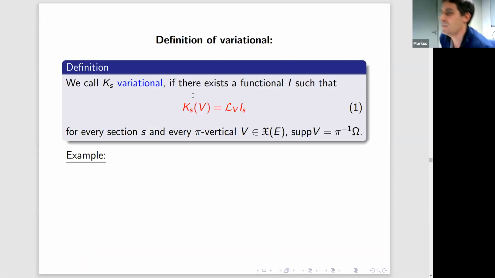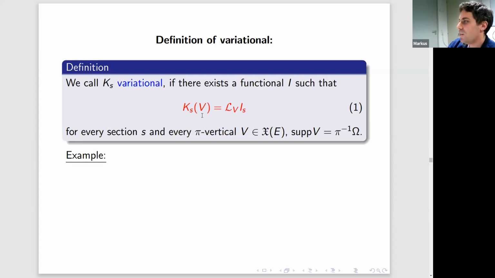Okay, and I said that we can formulate everything with this K here. So the definition for variational will be: such a K, or a weak formulation, will be variational if there exists a functional I such that you can write it as the formal Lie derivative of this I. And this holds for every section S and for every vertical vector field V, and this V has support in this set T minus 1 omega.